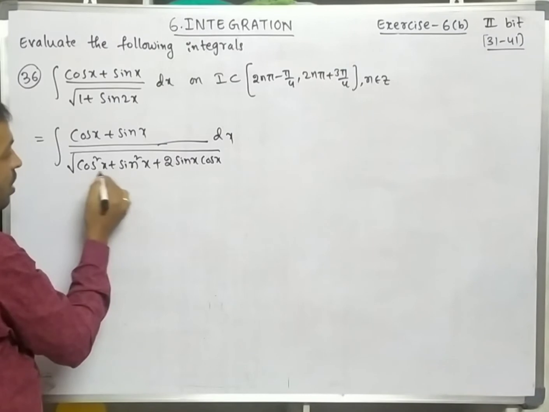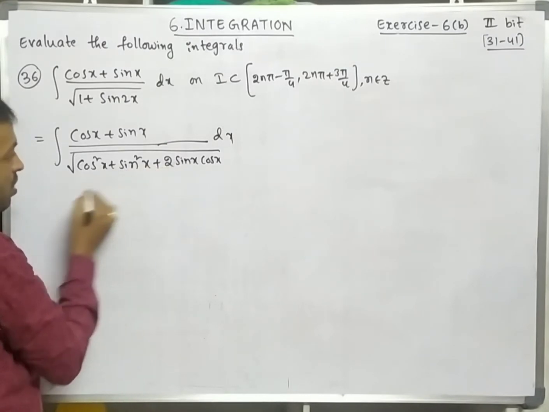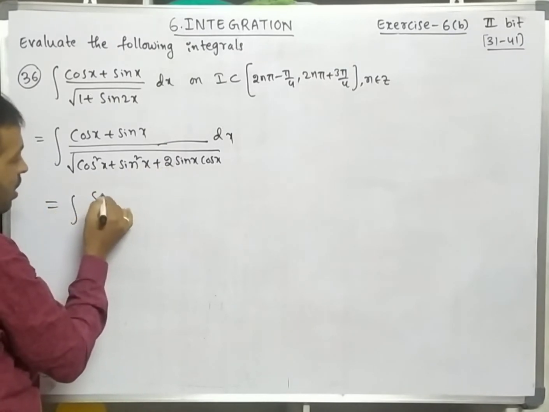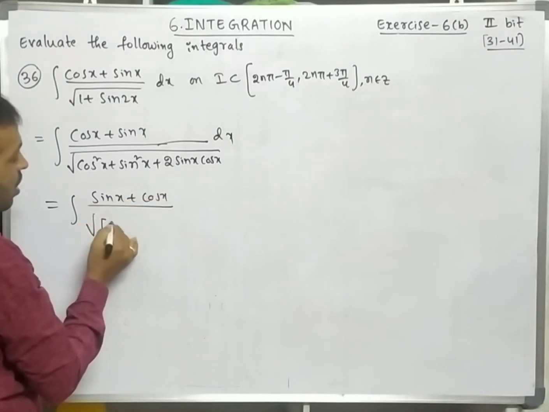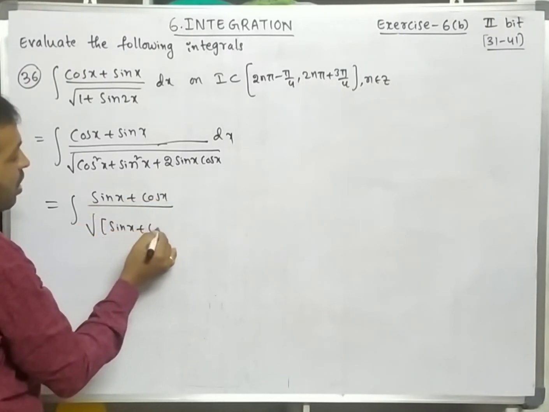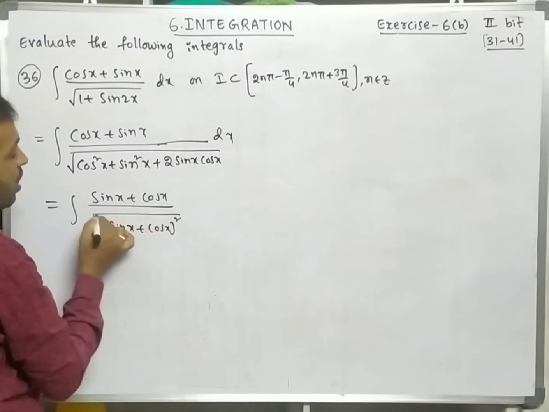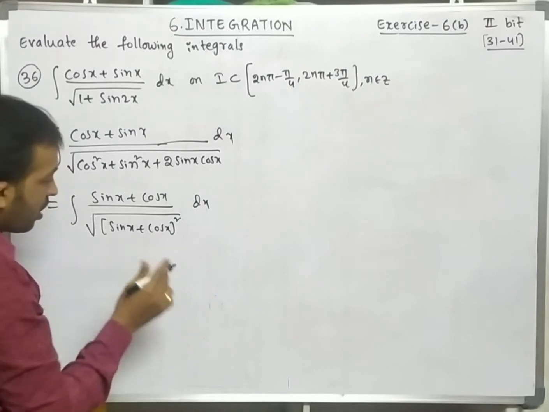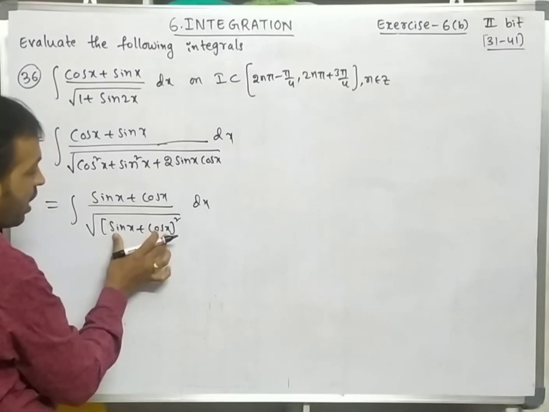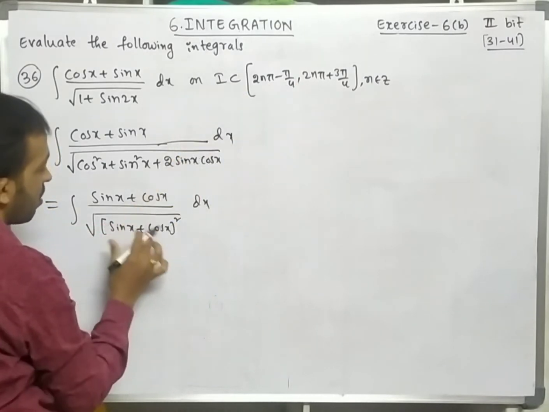Okay, now this is of the form a square plus b square plus 2ab, which can be written as sin x plus cos x whole square into dx. Root x square is equal to mod x, so we get mod of sin x plus cos x, and in this interval that is positive.